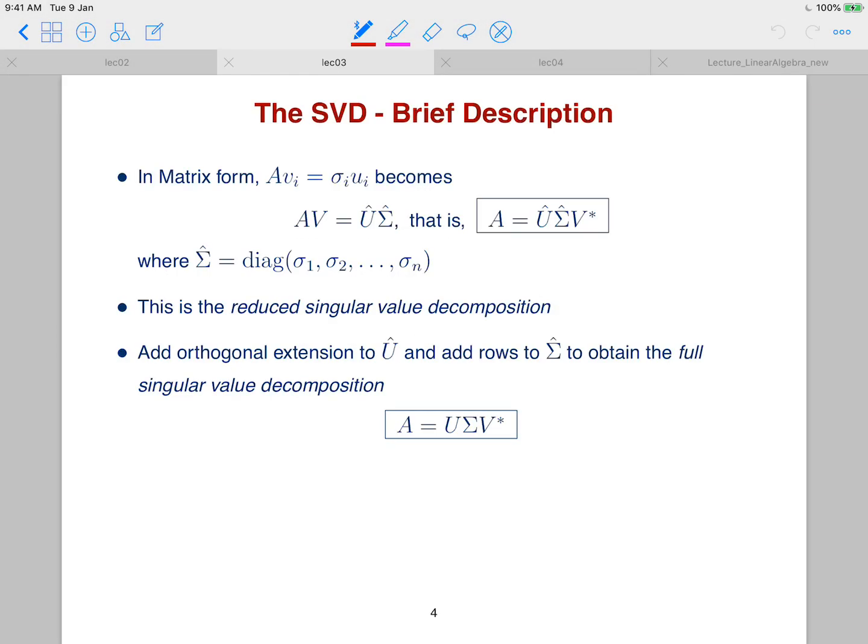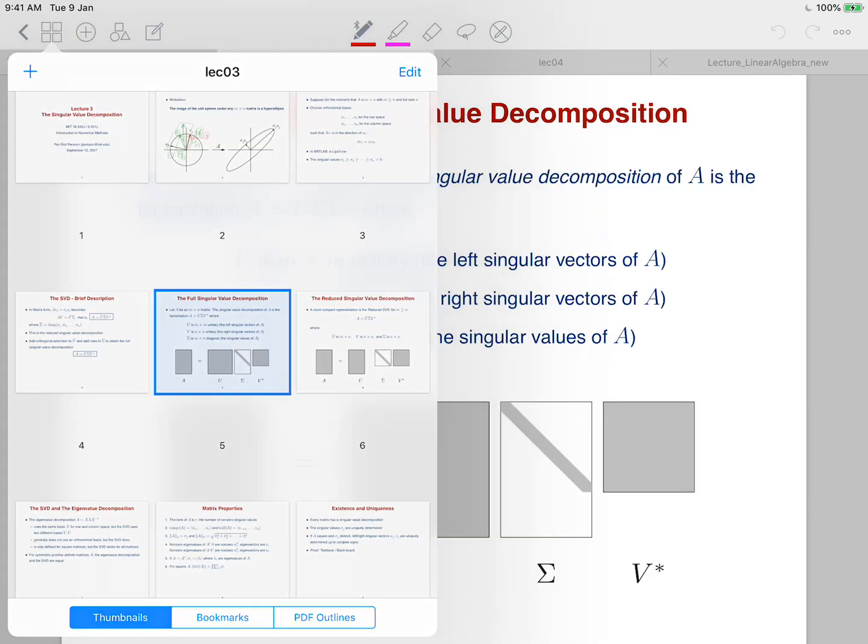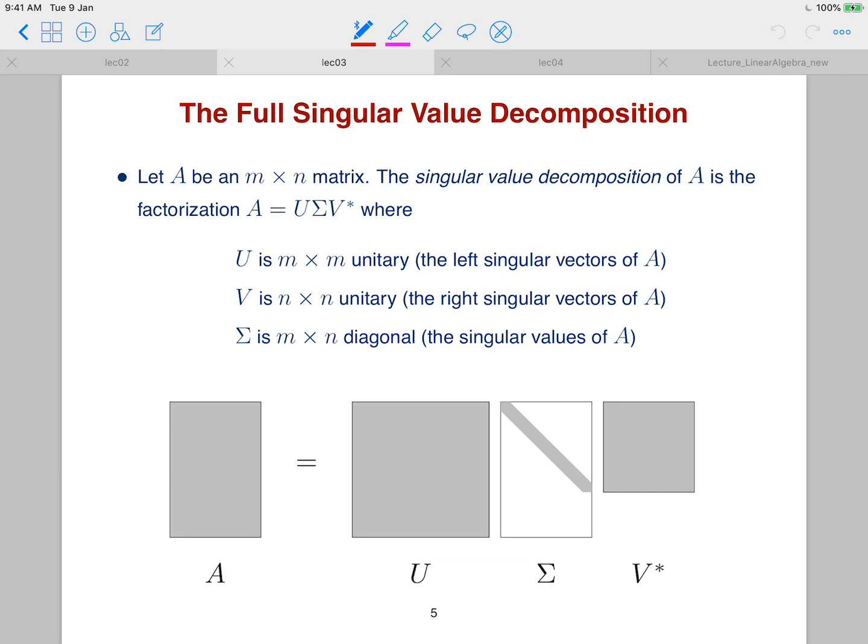Okay, let's go back to our main lecture slide. Lecture 3 is about SVD. This is another figure of the full form. This unitary matrix is just the same as an orthogonal matrix in the complex number world; in the case of complex numbers, the orthogonal matrix is called a unitary matrix.